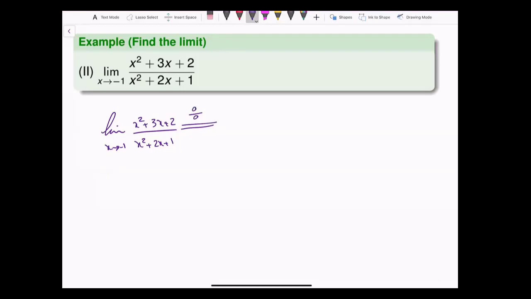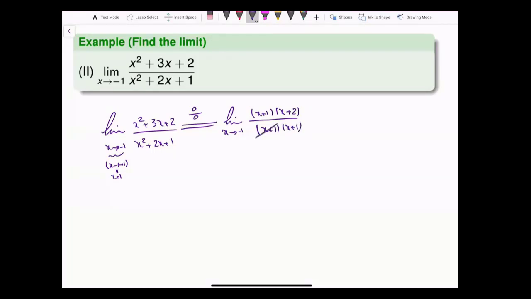So this is an indeterminate form. What is the vanishing factor? It will be x minus negative 1, which is x plus 1. So we are factoring numerator and denominator. The numerator will be x plus 1, x plus 2. The denominator will be x plus 1 and x plus 1.